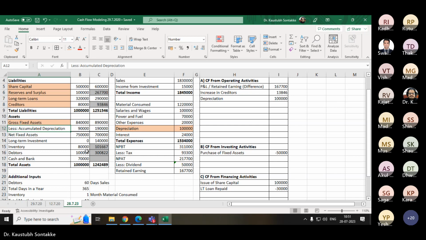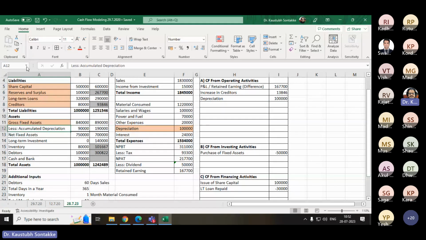So you can take either second year minus first year, or directly take it from the profit and loss account. Thank you.